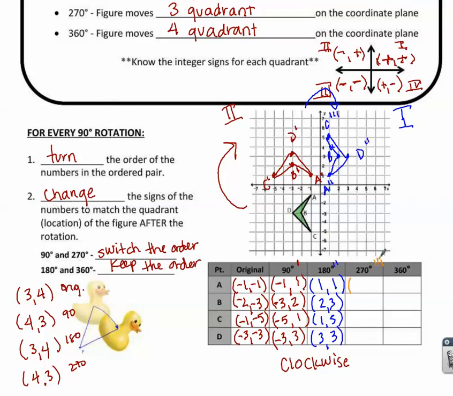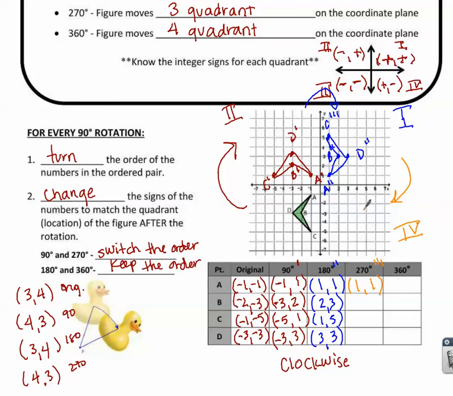Now let's look at 270 degrees. You're going to flip your numbers again. And if I'm going 270, that is going to put me in the fourth quadrant, because I've started at the original and I've rotated 90, 180, 270 clockwise.